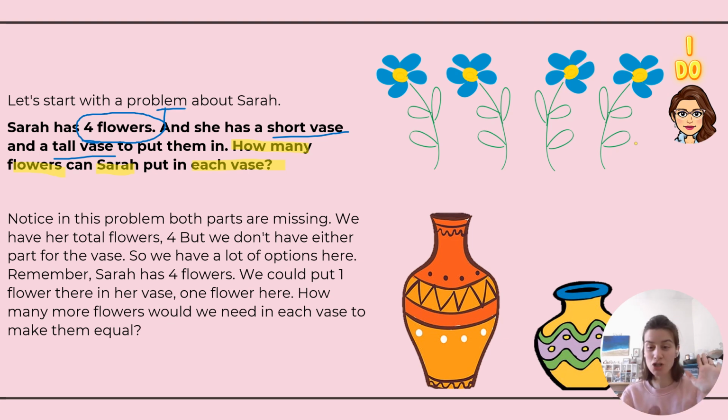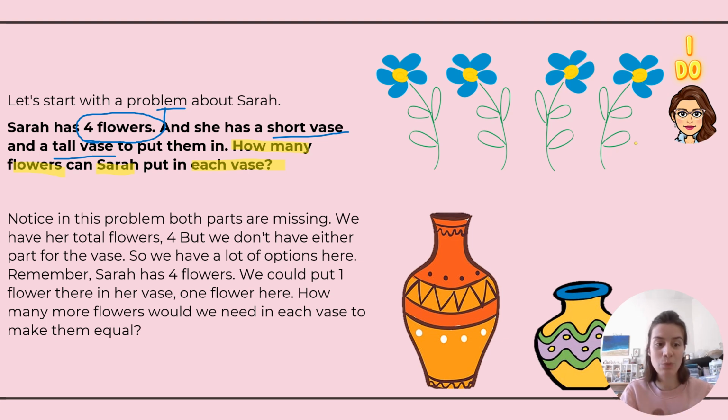I know that I have a short vase and I have a tall vase, but I don't know how many flowers I need to put in each one. All I know is my question is asking me how many flowers can Sarah put in each vase. So notice here, both parts are missing. I've been given a total, but I'm missing both parts. But I can still solve this. So I have the total amount of flowers, 4 flowers, right?